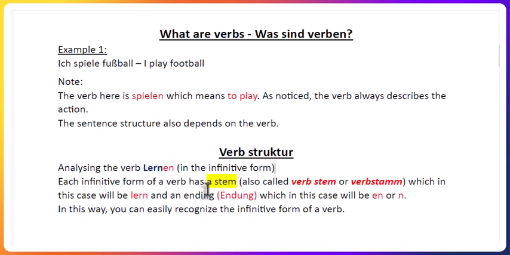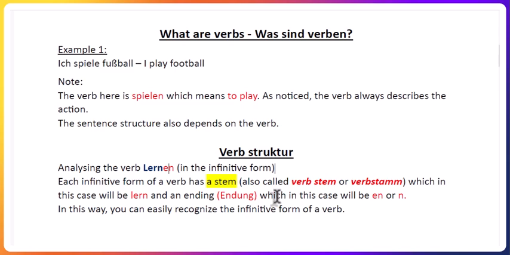Into blue side here is the stem of the verb. In German, you call it the verb stem. Verb stem. Okay.